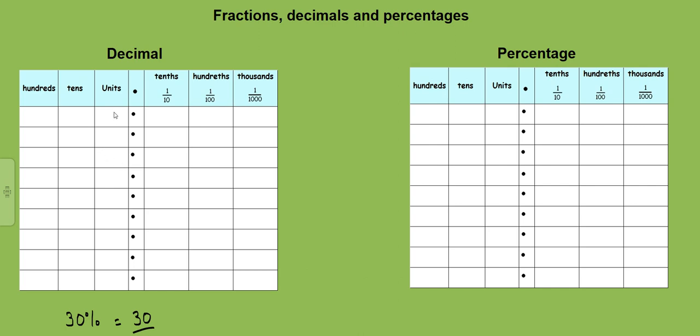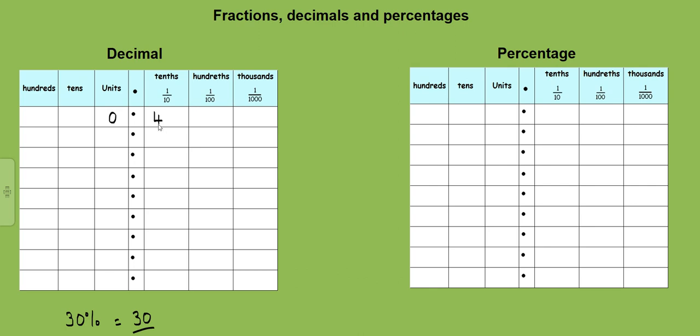So if we take, let's start with, say, 0.4, and we want to change that to a percentage. Now, if we looked at what we did before, we shifted it 2 places so we could recognize it as a decimal after we divided by 100.